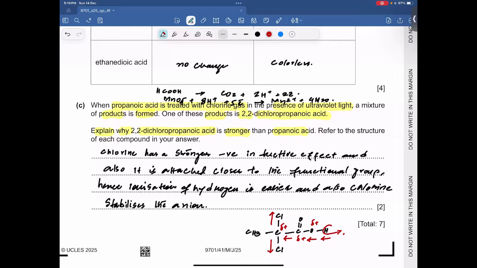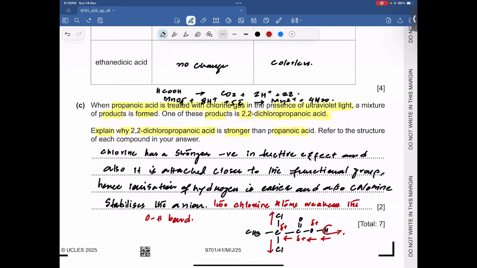So I can write one more statement here that these two chlorine atoms weaken the OH bond, which is why ionization becomes easier. Two chlorine atoms weaken the OH bond also.